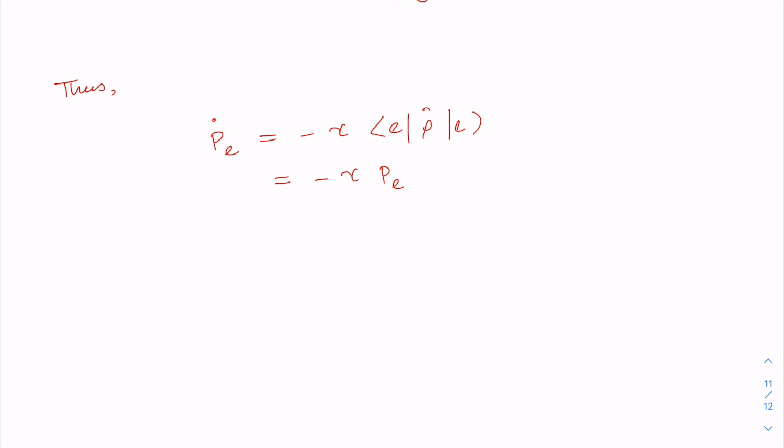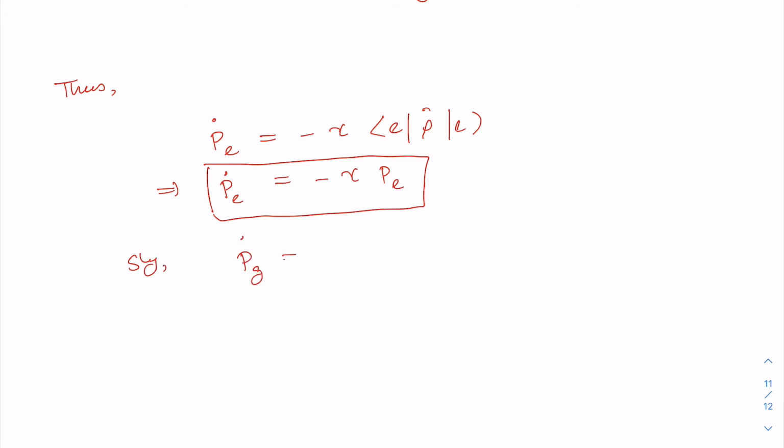Similarly, you can get Pg dot very easily. It would be minus Pe dot. In fact, what you will get is plus gamma Pe.